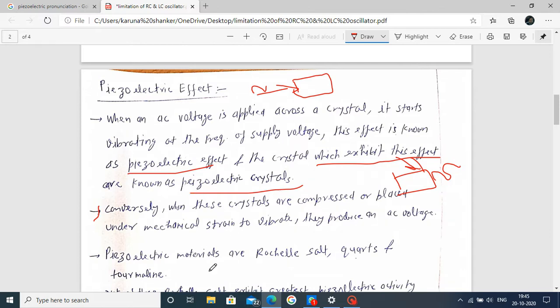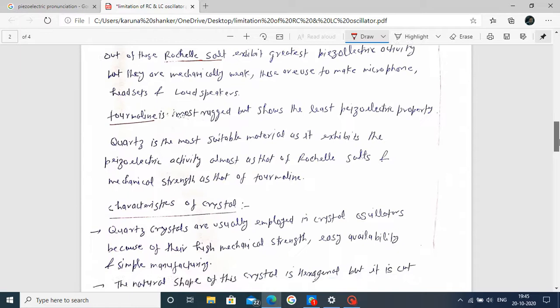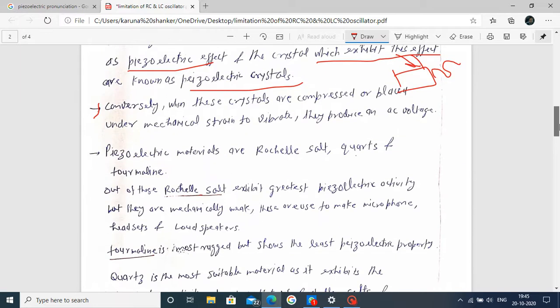Here we consider three materials: Rochelle salt, quartz, and tourmaline. Looking at the properties first, Rochelle salt exhibits the greatest piezoelectric activity.